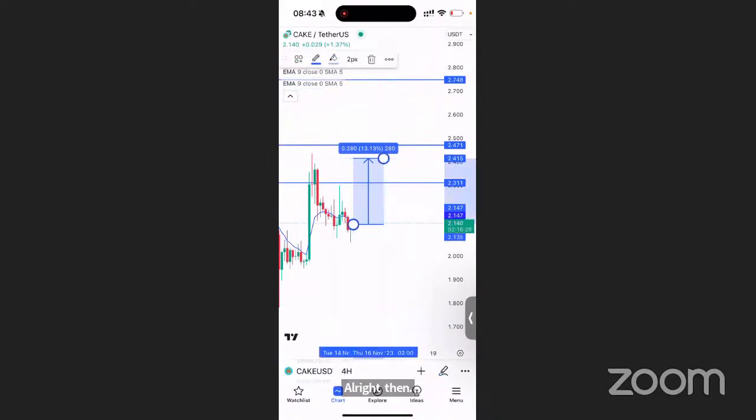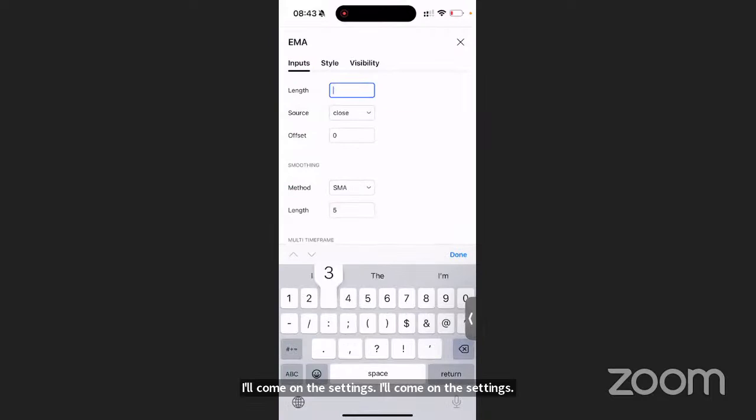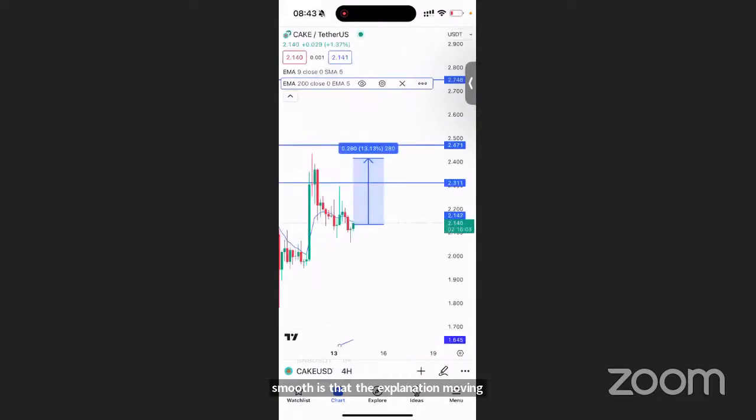Then I'll come on the settings. I'll make one a 200 moving average. I'll make it exponential. The reason why I move away from smooth is that the exponential moving average doesn't give us the noise of the market.